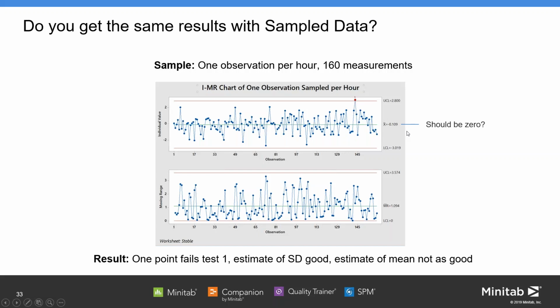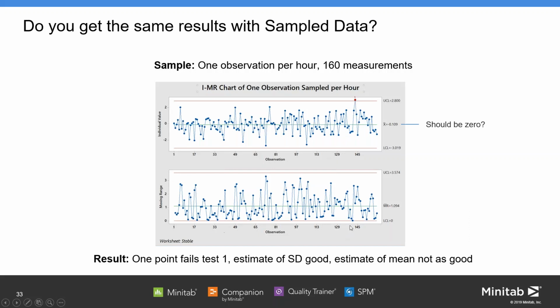You can also see there is one observation that appears to be out of control, larger than our upper control limit. However, 1 out of the 160, I think I could live with.